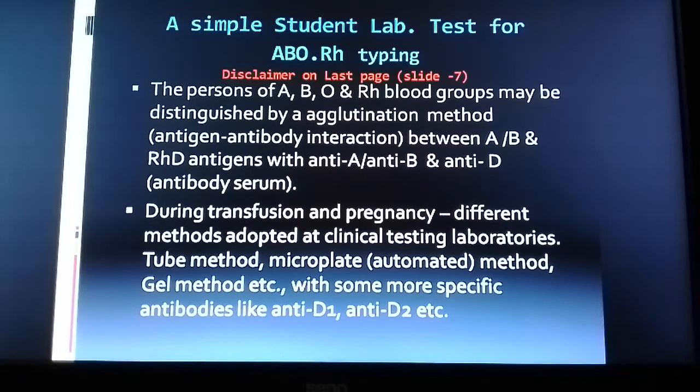They provide you anti-A antibody serum, anti-B antibody serum. Similarly, you may have one more container with anti-D for the purpose of distinguishing RH blood groups, RH positive and RH negative.